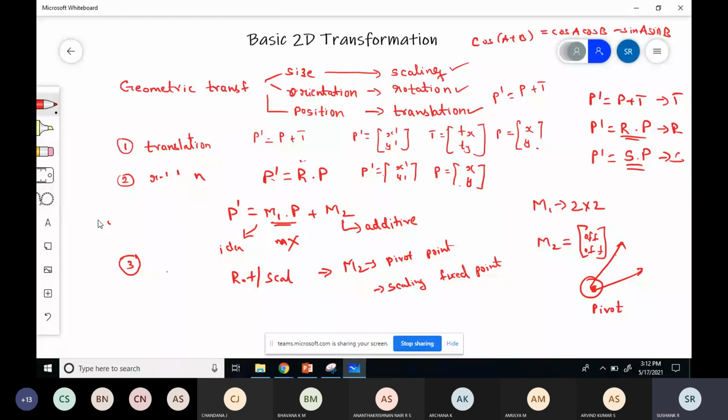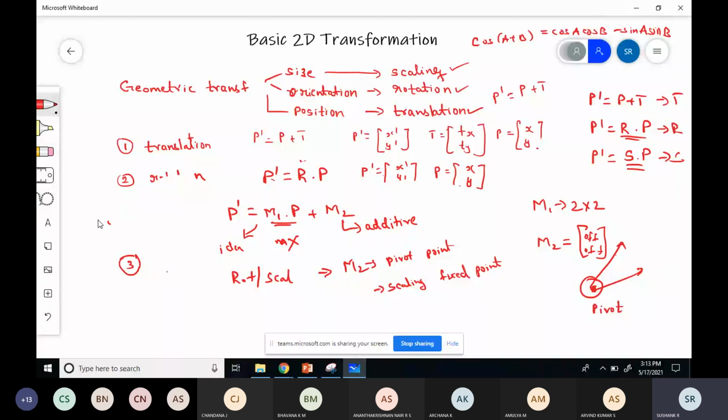Instead of doing all these three separately, first translation, then scaling, then rotation, which is a time-wasting or inefficient process, all these three operations should be combined, so that given the initial value, you get the final output. That is the main purpose of this equation.